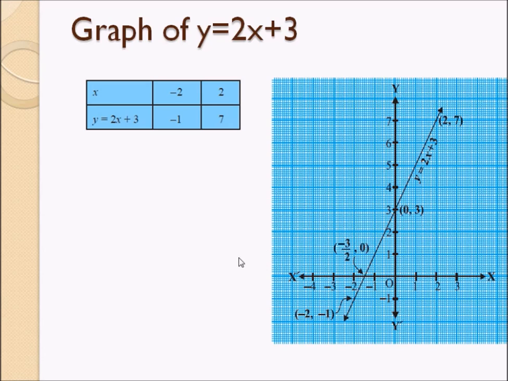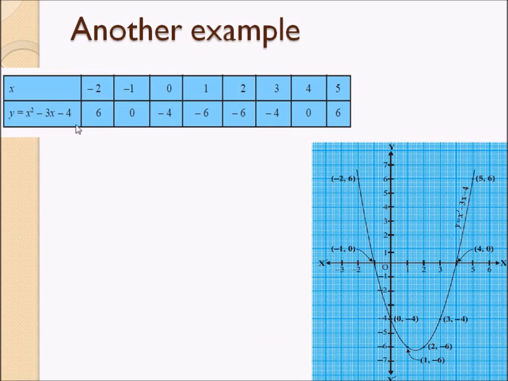Let us have one more example, and then we will be generalizing the solution. Now see, y equals x square minus 3x minus 4.